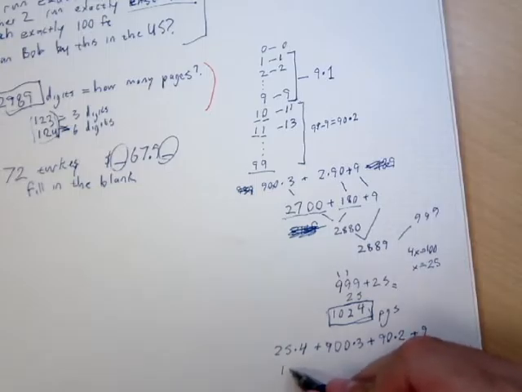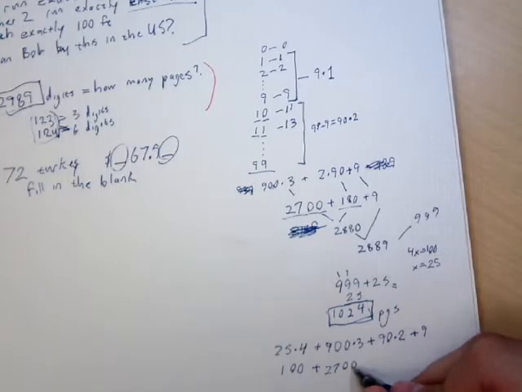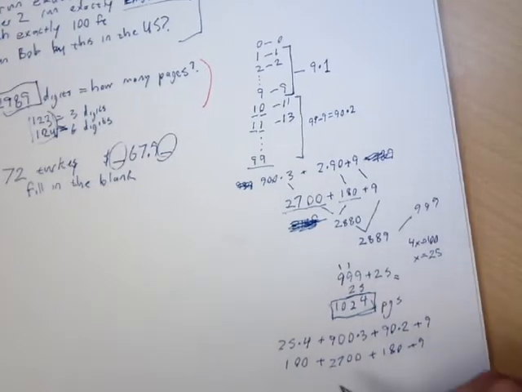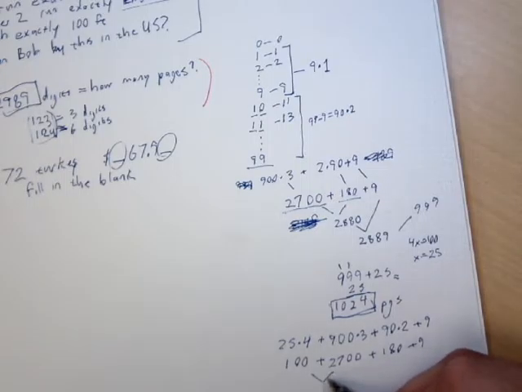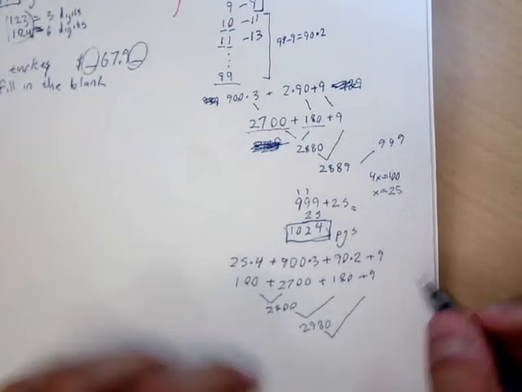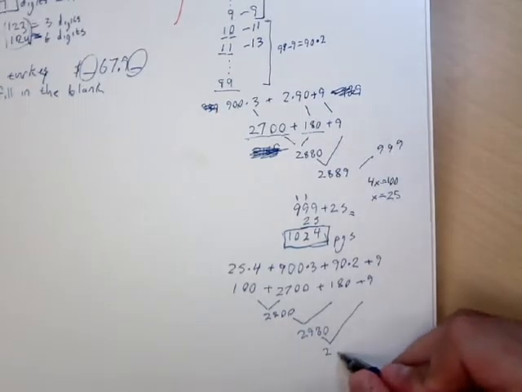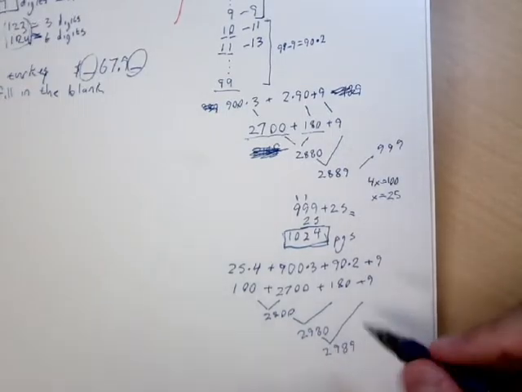This is 100 plus 2700 plus 180 plus 9, and we've already done that math. This is 2800. This becomes 2980, and this becomes 2989. Check.